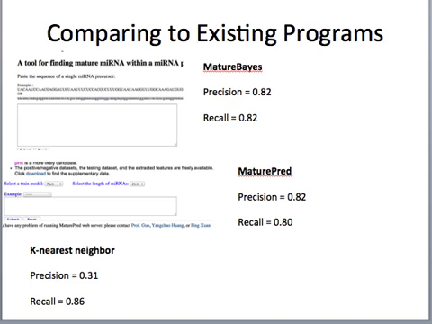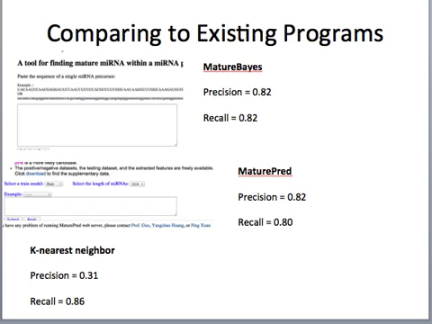We compared our algorithm to existing programs, and not surprisingly, it did not do as well in some respects. Its recall was very high, but its precision was very low. What this means for the k-nearest neighbors that we implemented is that it looks at a massive amount of possible microRNAs. Like I said, all 20 nucleotides, all 21, all 22.